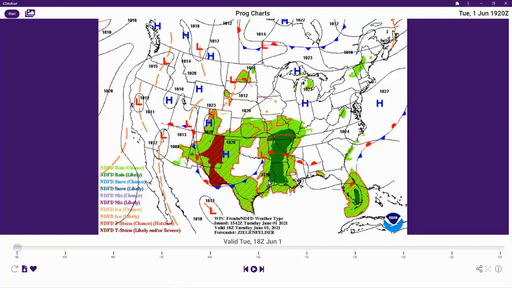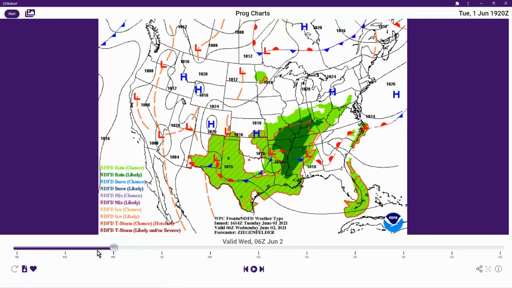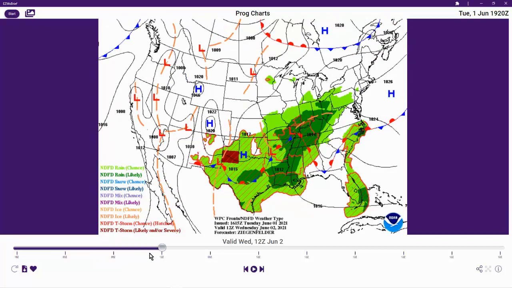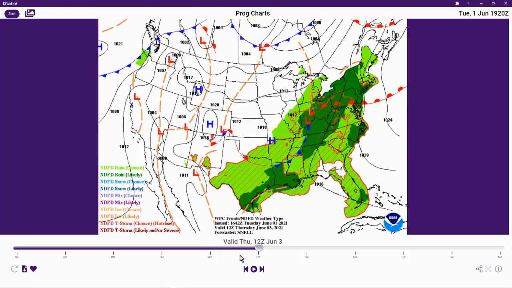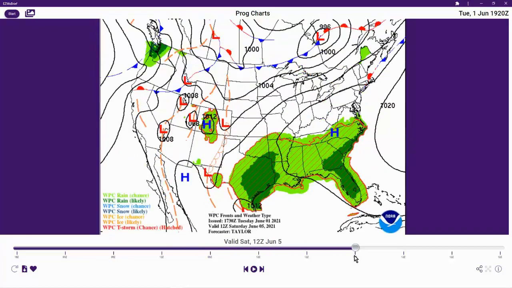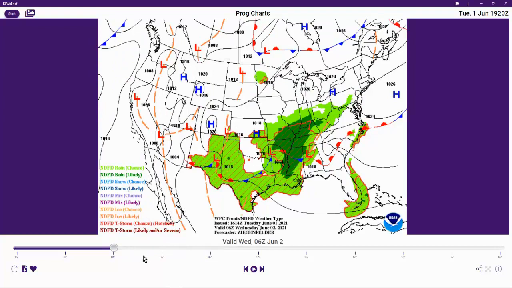But there's a lot missing here, because these Prog charts are issued with a 6-hour jump in each forecast, and eventually that jumps to 12 hours, and then as you get to the long-range Prog charts it jumps 24 hours. So there's a lot of time in between those Prog charts that you need to account for.